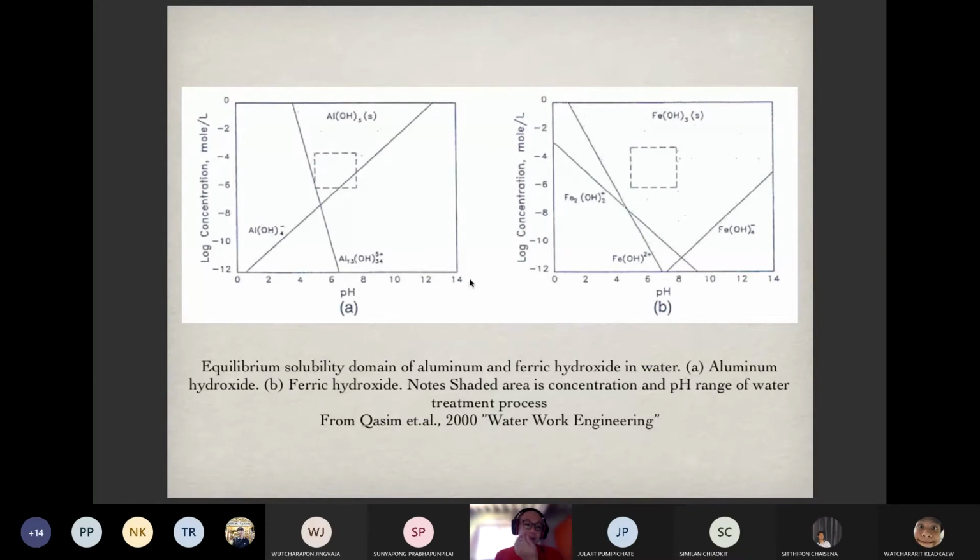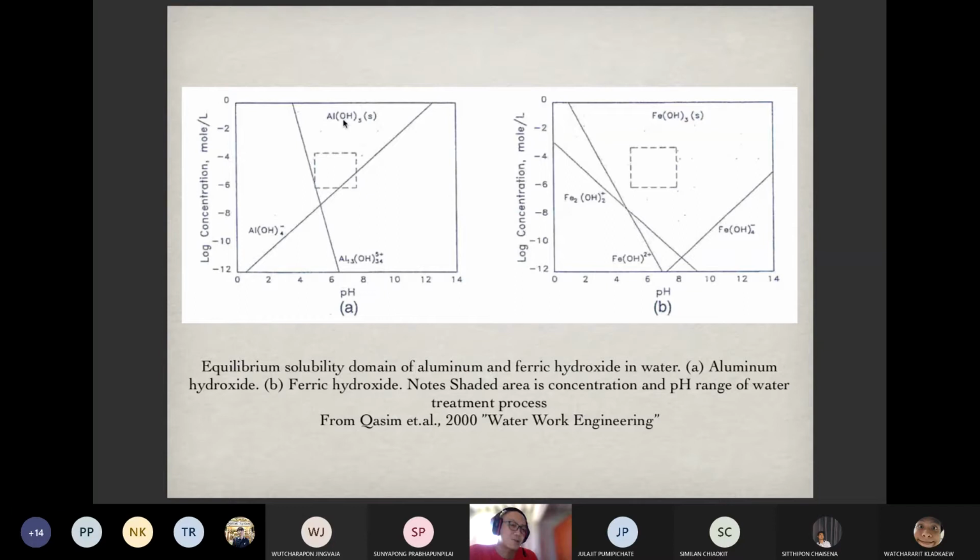For the alums, they can actually neutralize the colloidal particles when the pH is in between around 5 to 7 something, in the neutral range.